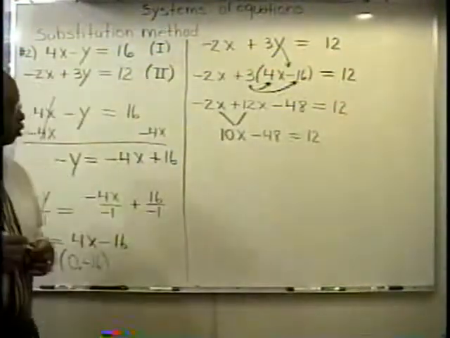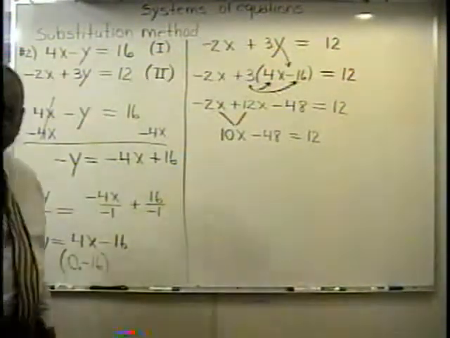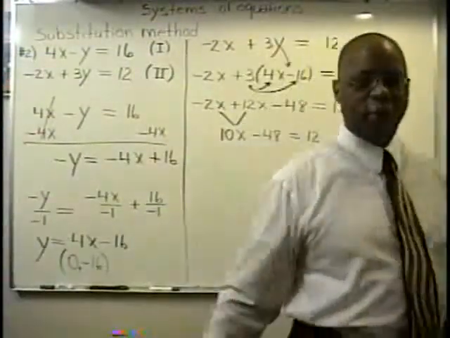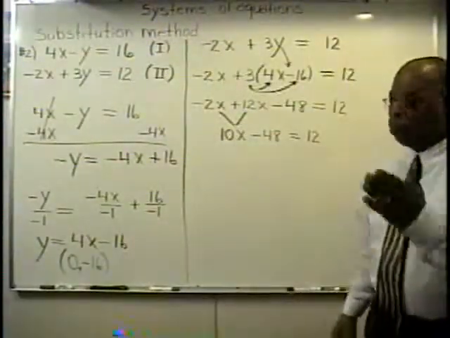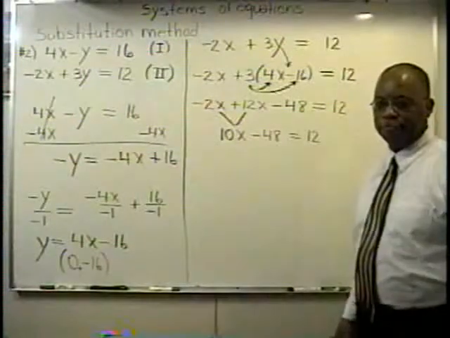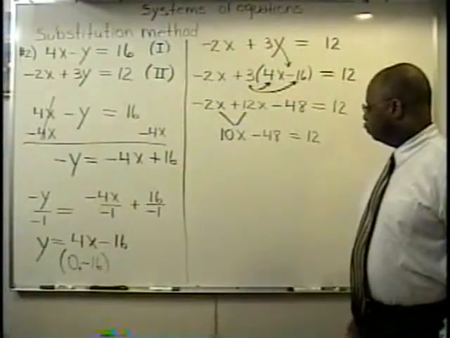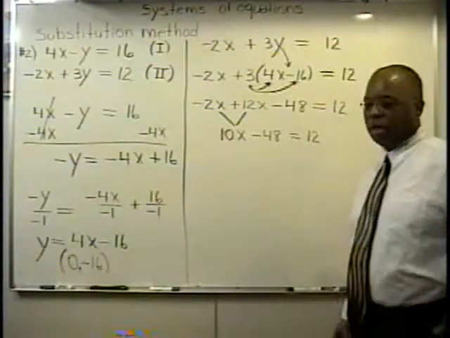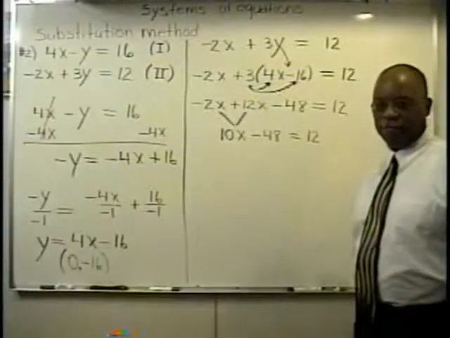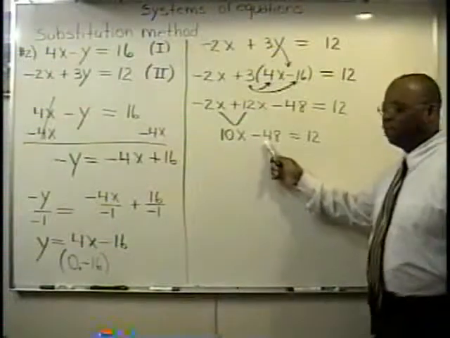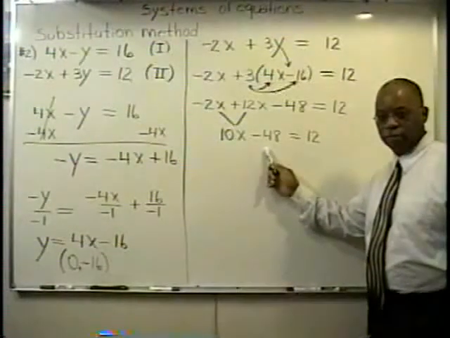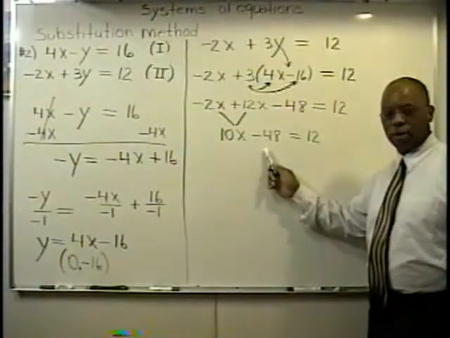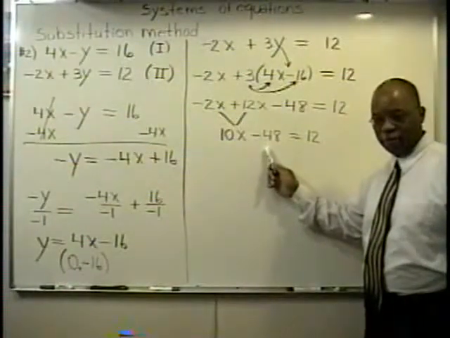Okay. All right, now, am I done yet? I still don't know what x is, do I? What is the next step here? Yes, I need to get the 10x by itself. So can this negative 48 stay here? No, it can't. So I need to use the additive inverse.